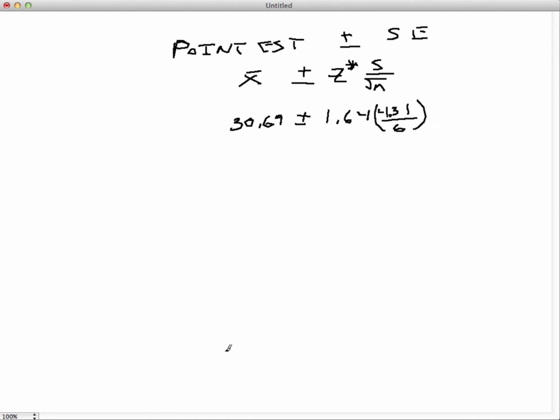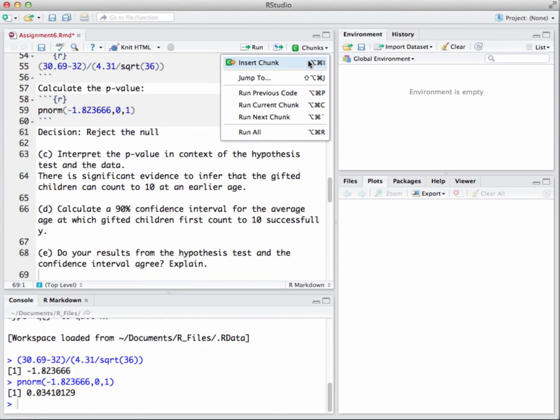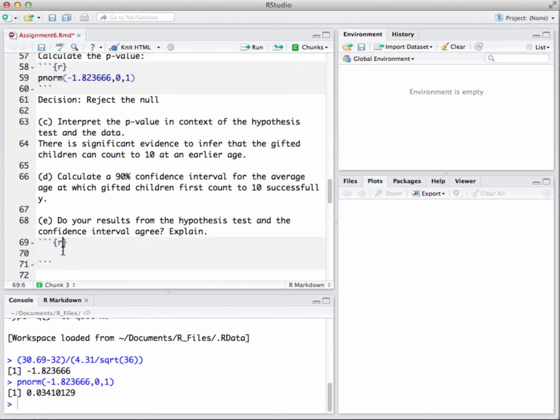Let's get RStudio to do the calculation for us. Let's insert a chunk here first. Of course, you can do this on your calculator, that's fine, but I'm going to get RStudio to do it for me.